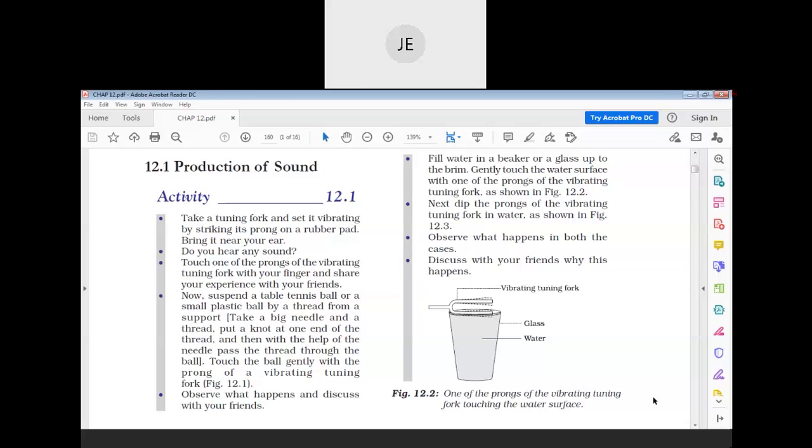Now you can also keep your hand on your throat and speak something. You will observe that your voice box, your vocal cords, are vibrating. You can check it now.